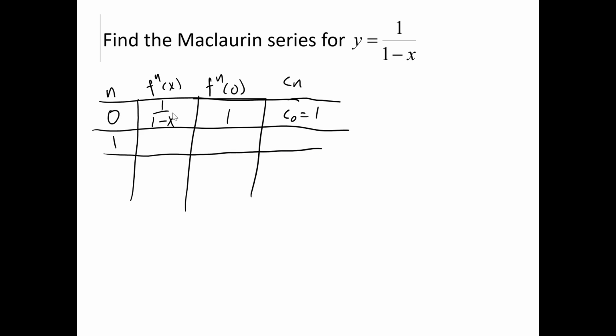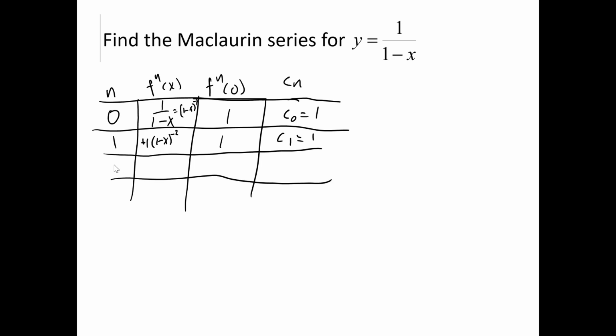When you have 1, so again we should write this as 1 minus x to the negative 1. We're going to bring down the negative 1 times 1 minus x to the negative 2 times the derivative of the inside. The derivative of the inside is negative 1, so we get a positive. And then when we plug in 0, you get 1 to a power, which is still just 1. And so then C1 is also 1.